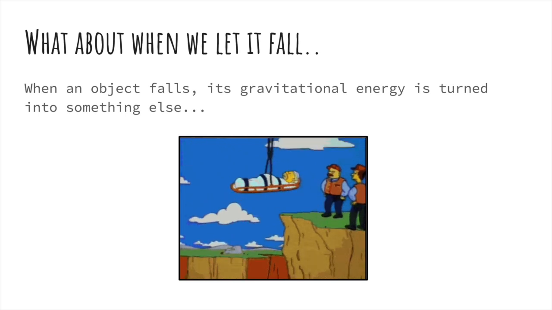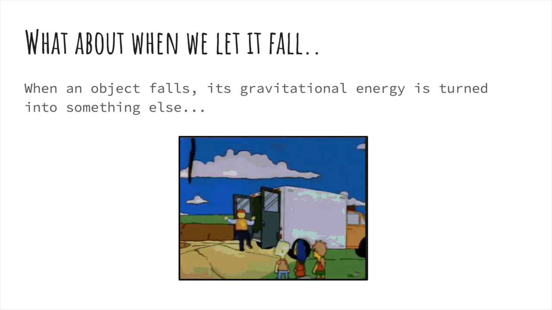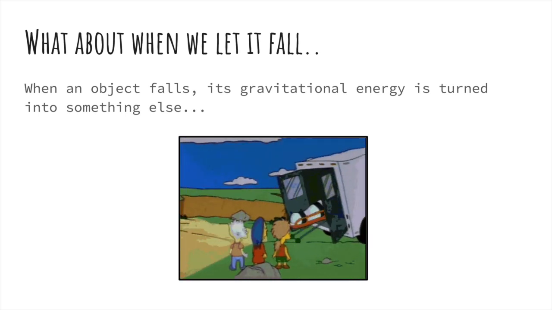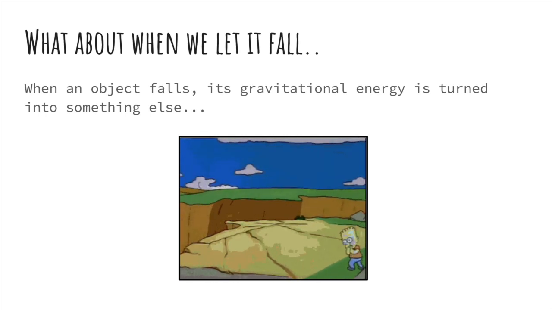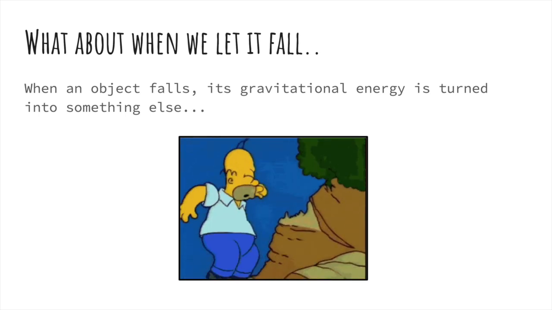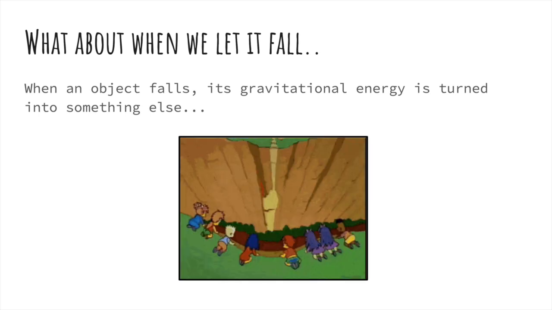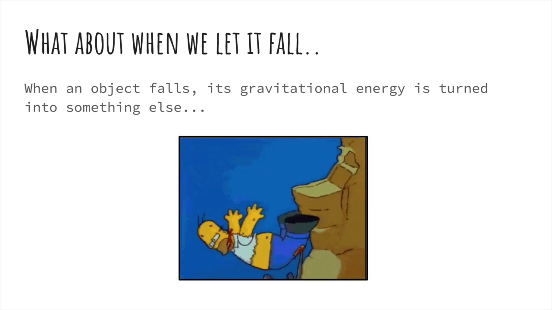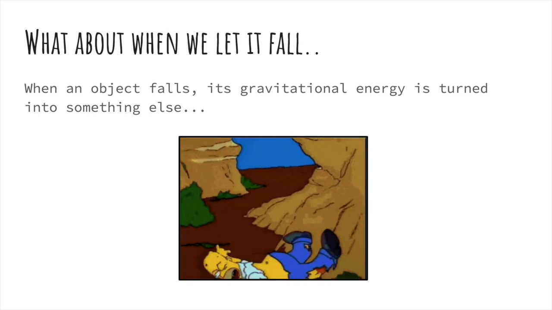Okay. Now, when objects fall, that potential energy, that gravitational potential energy, turns into something else. So if you think of that object sat on the edge of a height preparing to fall, it only has potential energy until it begins to fall.